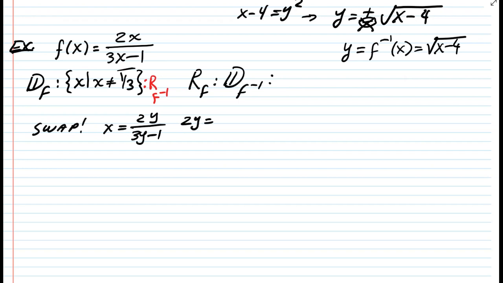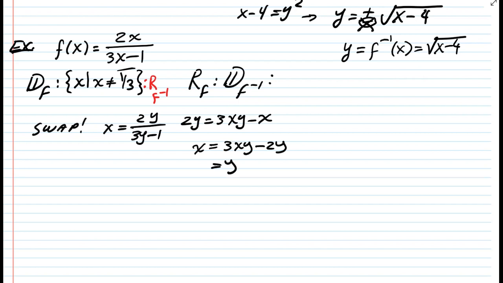We get 2y is equal to 3xy minus x. And then let's keep 3xy on this side, move 2y to the right and shift x to the left. And there you go. So I don't have to manipulate the signs this way.